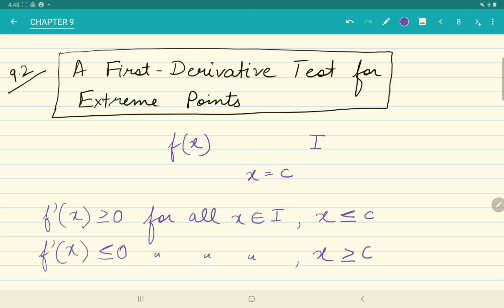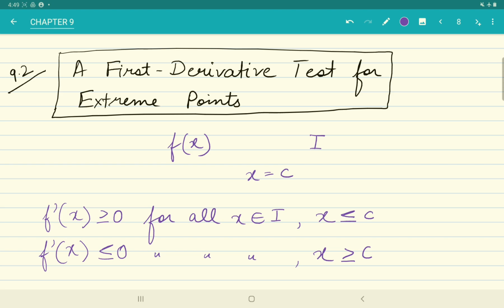What I mean from the first statement, we see, so first we have f prime x greater than equal to 0 for all x belonging to the interval I, x less than equal to c. That means to the left of c, f of x is increasing because f prime x is greater than equal to 0.